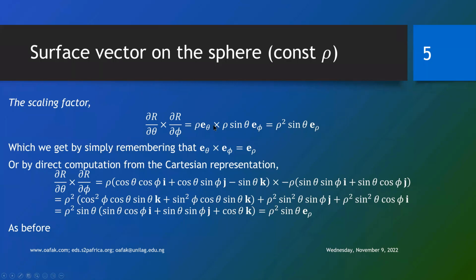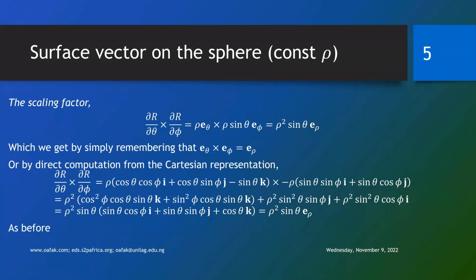So you can get this scaling factor by simply remembering that E theta and E phi are part of an orthonormal triad. E rho, E theta, and E phi are part of an orthonormal triad. So E theta cross E phi is E rho.